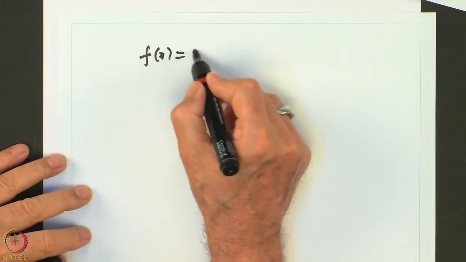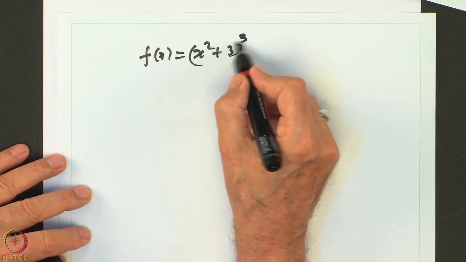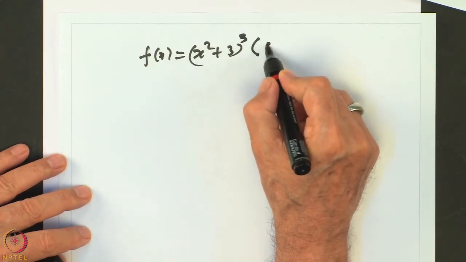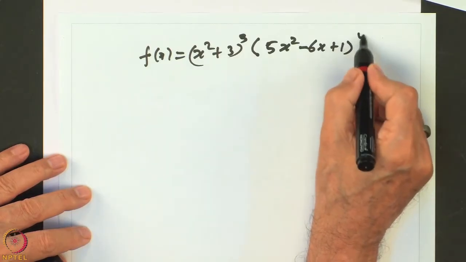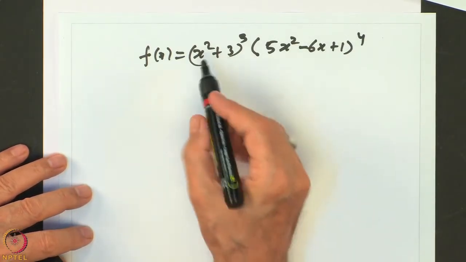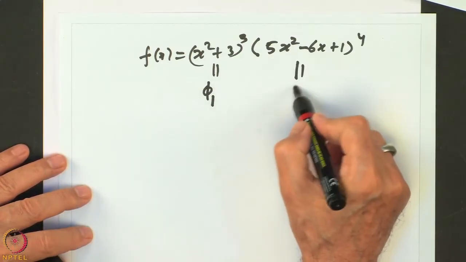F of x is equal to x square plus 3 raised to power 3, into 5x square minus 6x plus 1 raised to power 4. To understand this, let us break it into two parts. So, my function is f of x equal to x square plus 3 raised to power 3 into 5x square minus 6x plus 1 to the 4. Let us call this function phi 1 and this function phi 2.